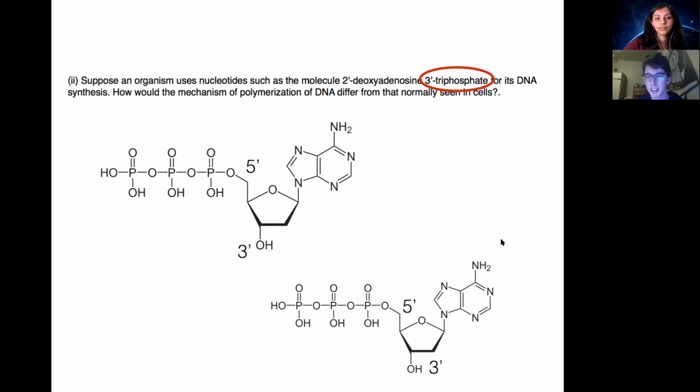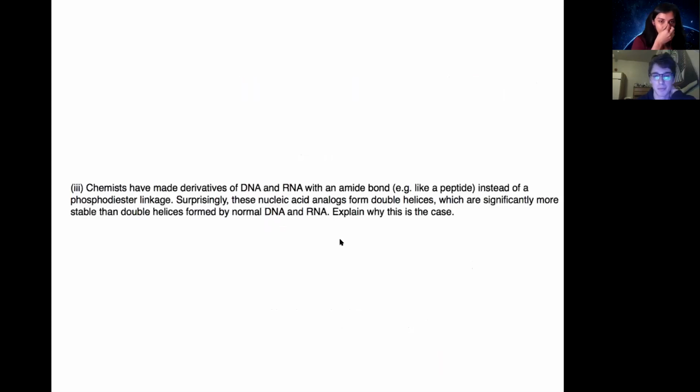So regardless of whether the OH is at the 3' or 5' end for this question, it'll attack the alpha phosphate, which I think is the innermost phosphate. So yeah, it would be the opposite: the same mechanism, but in the opposite direction.